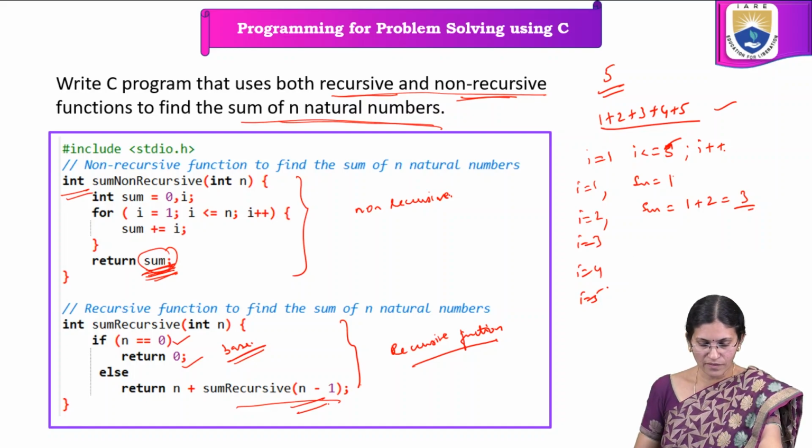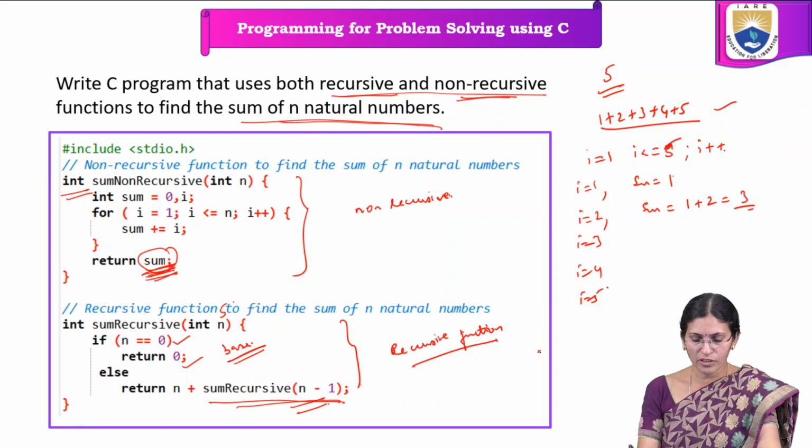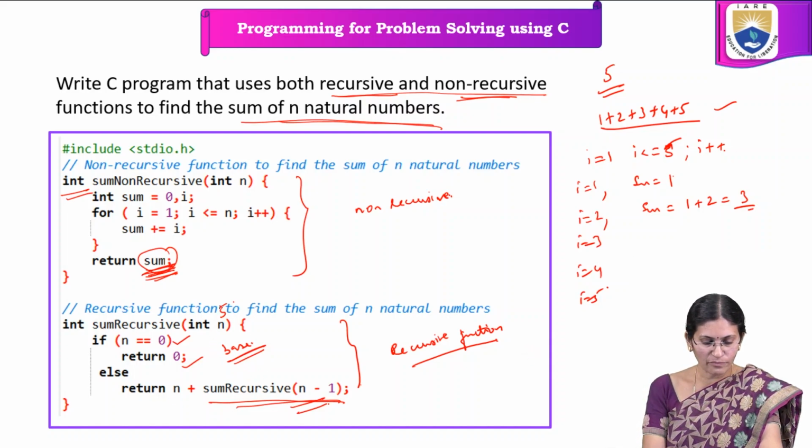Now let us see what happens if we pass the value 5, so n is equal to 5. Whenever there is a recursive function, activation records are maintained on the stack. Sum of 5 is equal to 5 plus, again this will call 4.